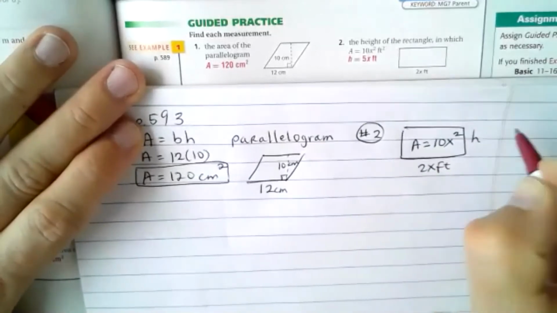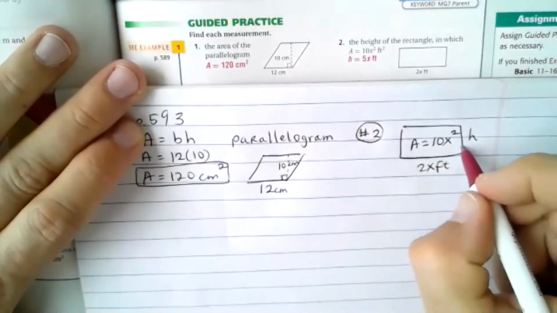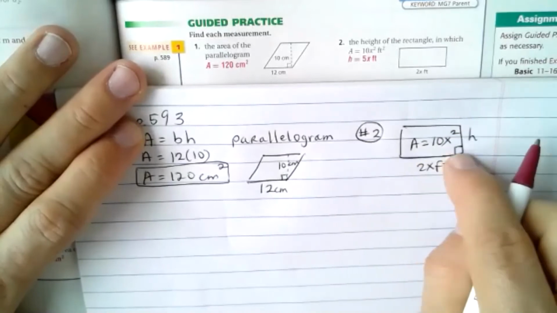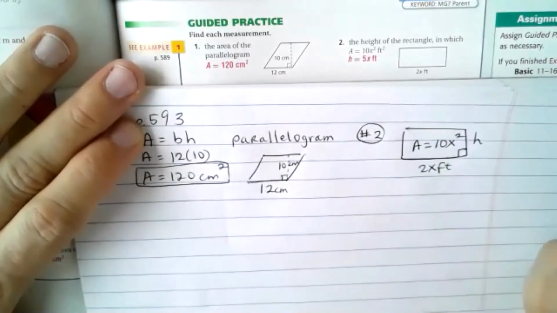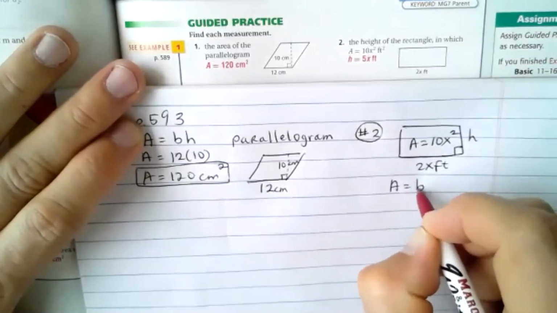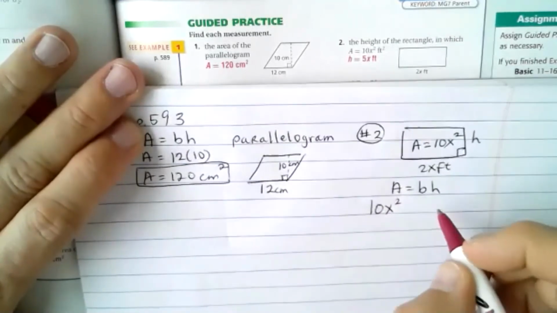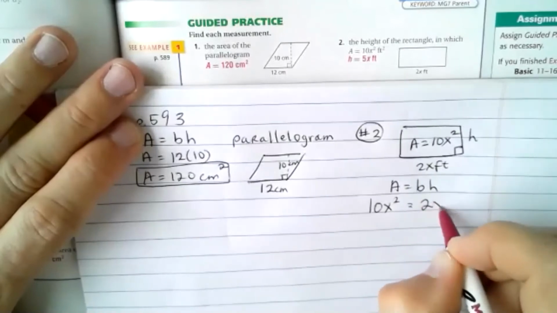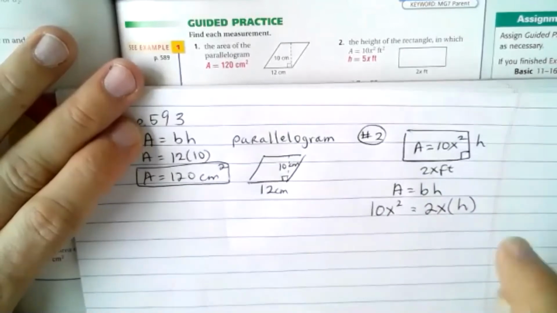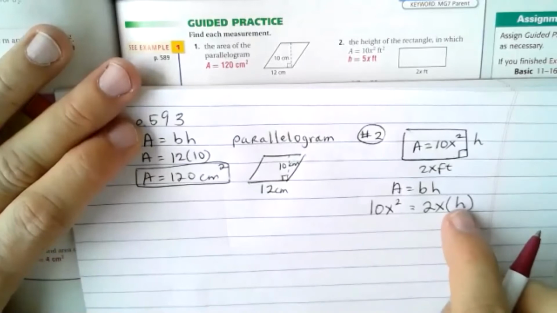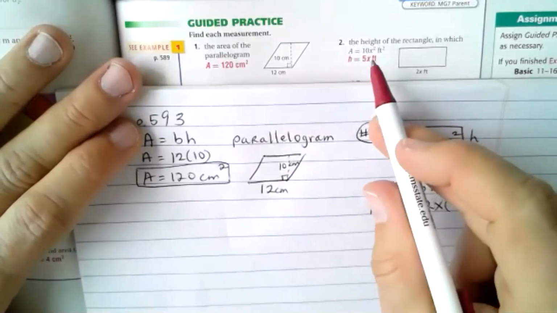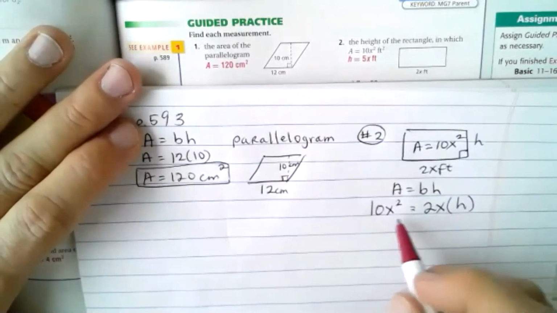Okay, and then I need to know this height, which by the way is at a right angle again, so that has to happen. So what's the formula? Area equals BH. So that means area was 10x squared. My base was 2x, and my height stays h. So what's going to happen is I'm going to have my answer h in terms of x.